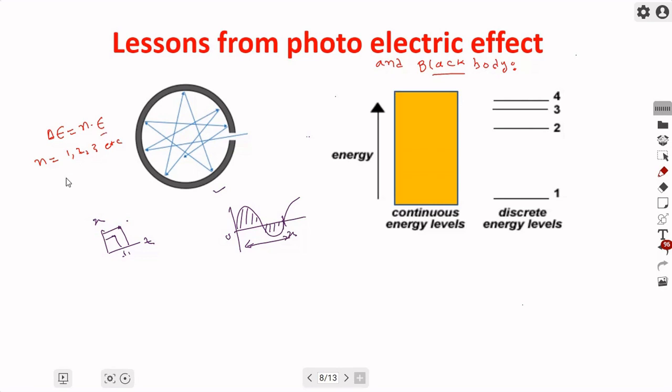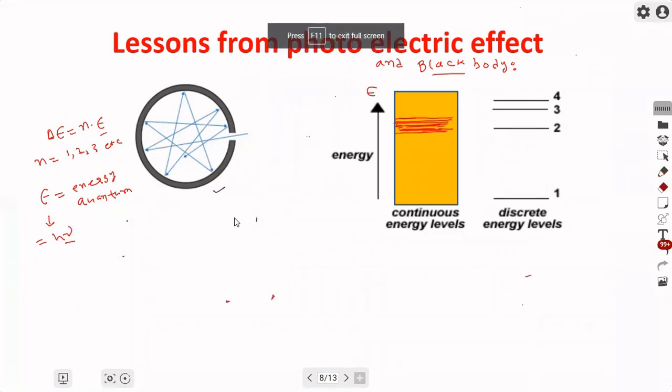This E is actually called the energy quantum, which means it's the minimum amount of energy that can be transferred. And this E is equal to h nu, where h is Planck's constant and nu is the frequency of the radiation. What is the value of h?